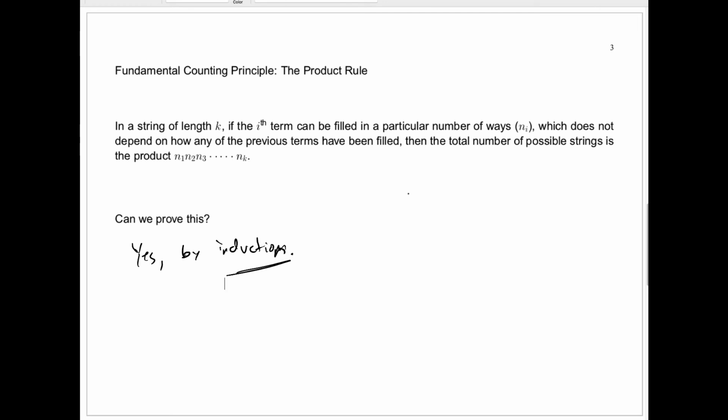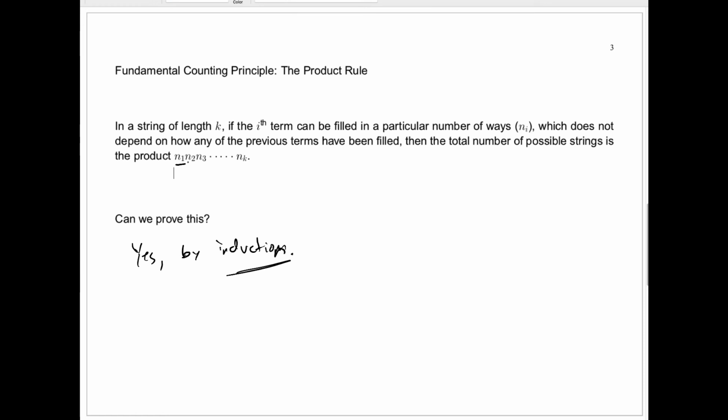You want to start with the base case, in this case the k equals 1 case, meaning a string of length 1. You want to produce a string of length 1, and you can fill in that first entry in n sub 1 ways. Well, how many ways can you do it? n sub 1. And that's exactly what this product would look like when k equals 1. You only have that first entry, n sub 1.